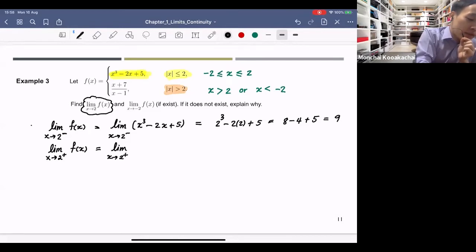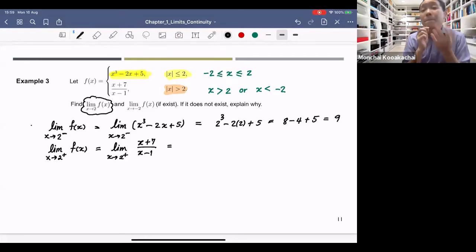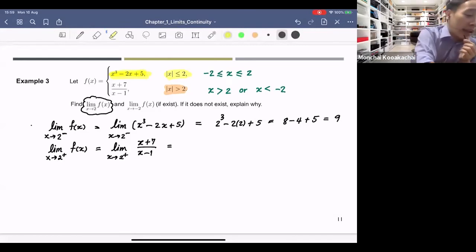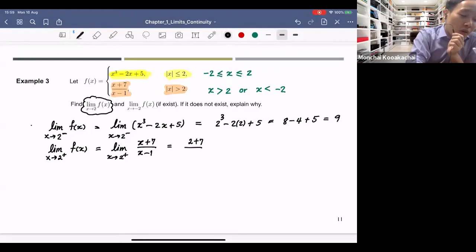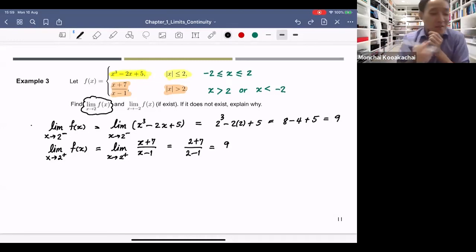For the right-hand limit, you need to use the function that I highlighted in orange, because when x is bigger than 2, we use the orange function. And then this is (2 plus 7) over (2 minus 1), which is 9 over 1, which is 9.